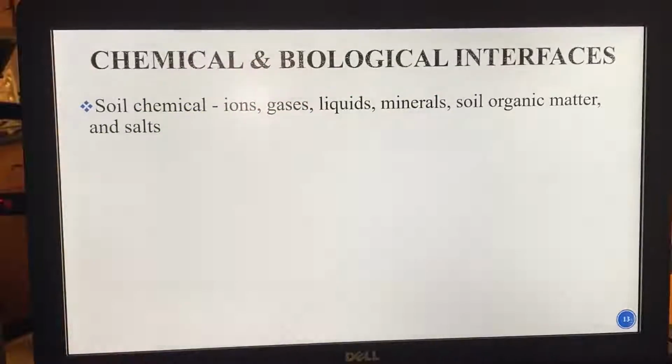Just a couple of definitions just to make sure that we're all talking about the same thing. Sometimes when I think of soil chemicals, I'm thinking of nutrients, micronutrients, macronutrients.